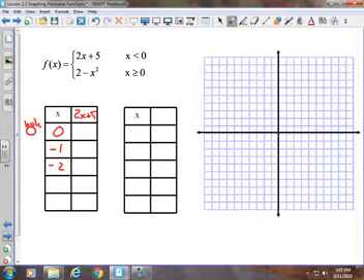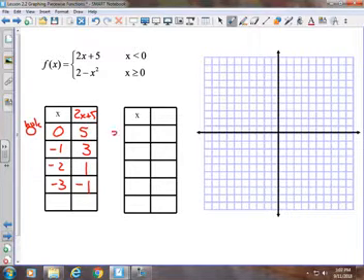Now if you're doing linear or constants, 3 points may be all you need. It depends on how big the numbers get. When you plug in 0, 2 times 0 is 0, plus 5 is 5. 2 times -1 is -2, plus 5 is 3. It went down by 2, so it'll go down by 2 again. I could keep doing it, but really 3 points for a straight line is probably all you need.